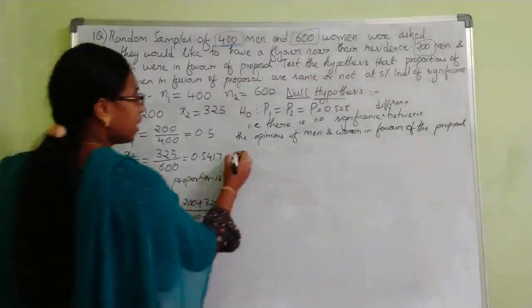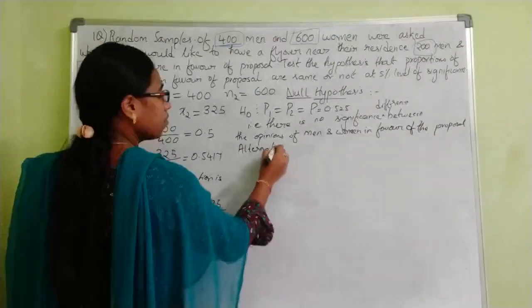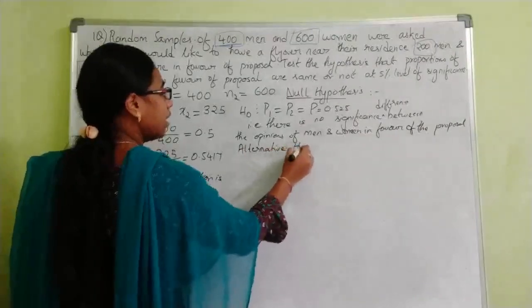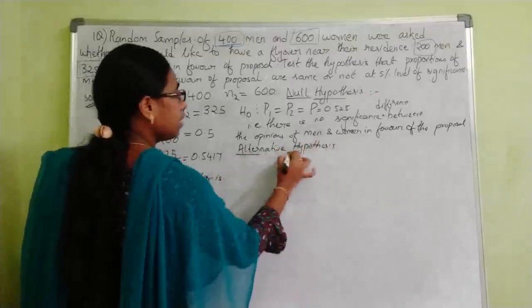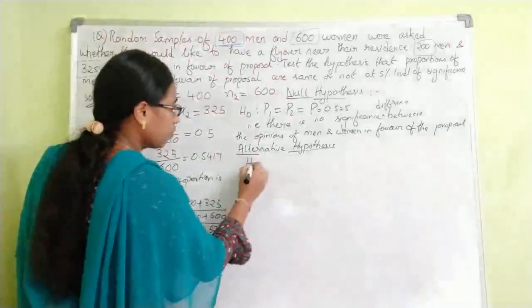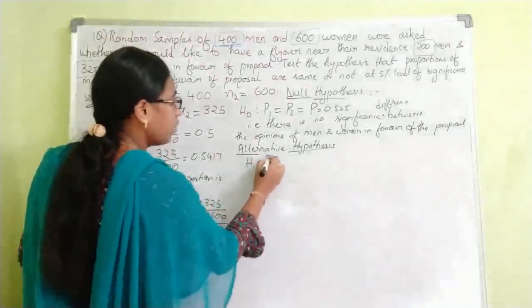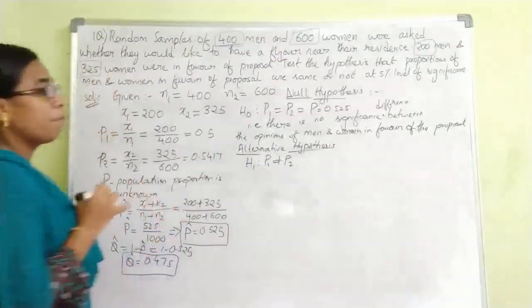Next we will write the alternative hypothesis. The alternative hypothesis is denoted with H1. So H1 such that P1 not equals P2.